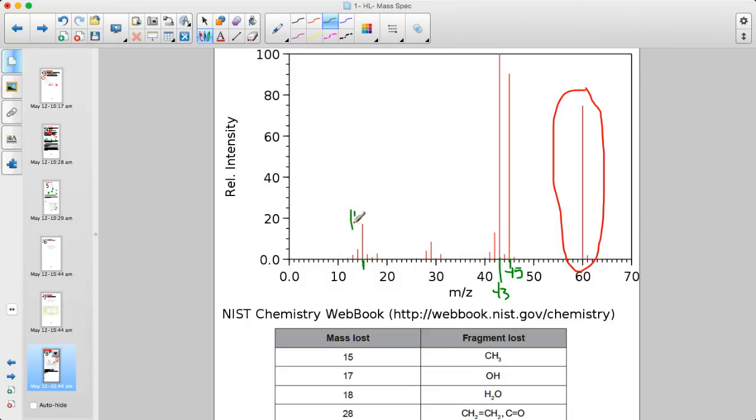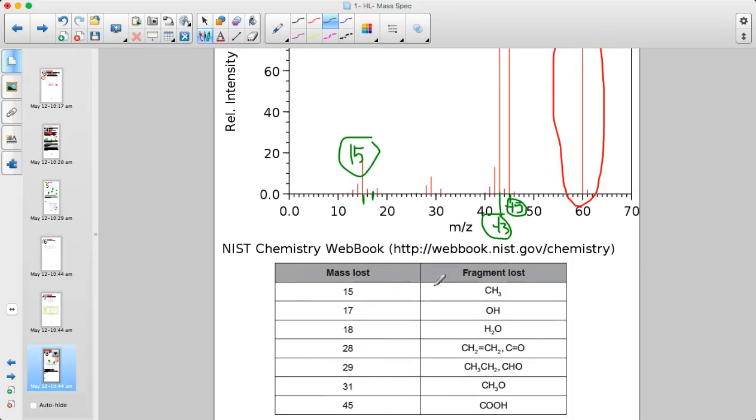So here's a 15. And I should be looking for 17, which, there's a little tiny blip, but not much of anything. The other ones are pretty small, so why don't we just go there? I have a pretty small compound anyways, C2H4O2, and let's see what we can figure out based on this.